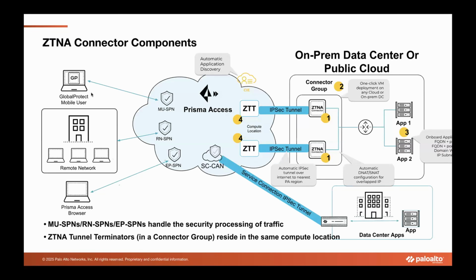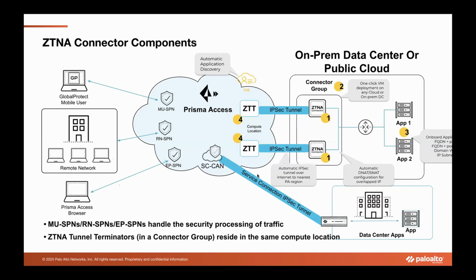Today we support GlobalProtect and Prisma Access Agent users, like laptops or mobile phones running these agents, and they connect to our security processing nodes behind the scenes. Similarly, we have remote networks like branch gateways and SD-WAN devices, which connect to our remote network security processing nodes. And now we have also introduced an enterprise browser, which can connect to Prisma Access using explicit proxy-based security processing nodes.